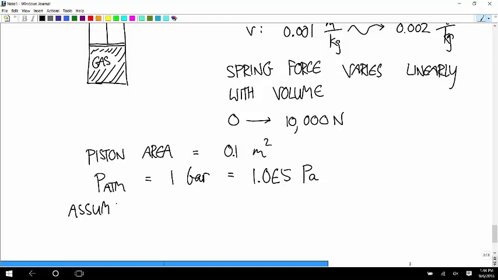We're going to assume that this process is a quasi-equilibrium, quasi-static process.